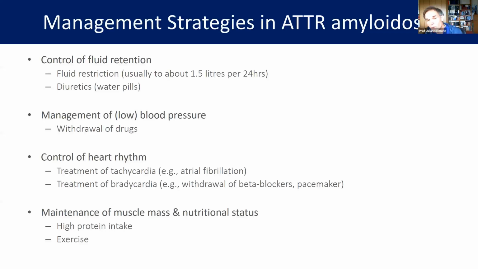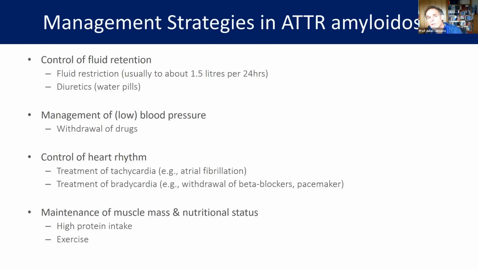Many of you will be aware that you've been asked to restrict your oral fluid intake, typically to about 1.5 liters over 24 hours. And that's including soup, including tea, coffee, any water, the total fluid intake to about 1.5 liters. And then we give diuretic tablets, water tablets, to try and increase urine output to get rid of fluid.